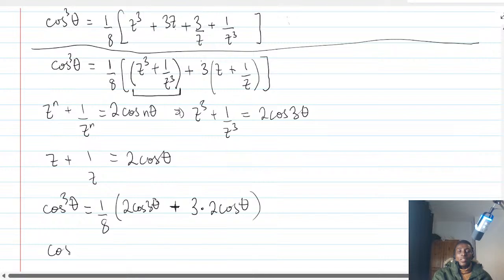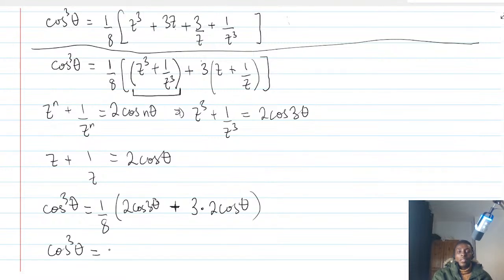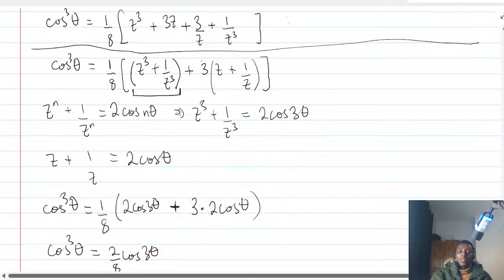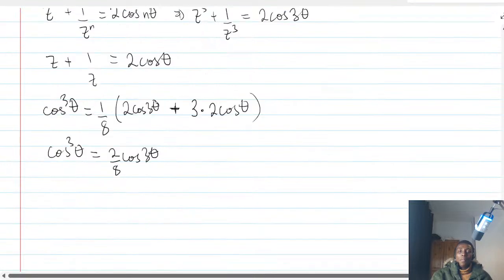So in other words, cos cube theta is the same as 2 over 8 cos 3 theta plus 6 over 8 cos theta. All right.